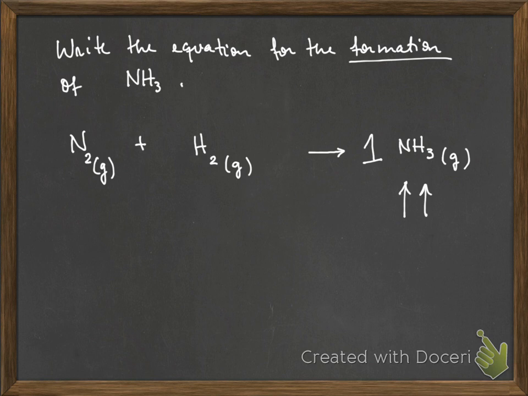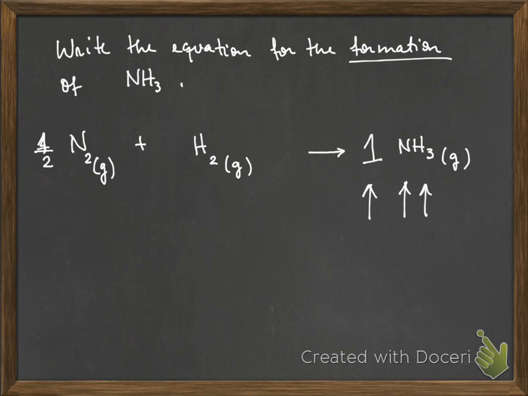And we are bound by this number 1. We cannot change that number 1, which forces the left side of the equation to have sometimes fractions. So let's think about it. The right side of the equation has 1 nitrogen atom. I need to have 1 nitrogen atom on the left side.